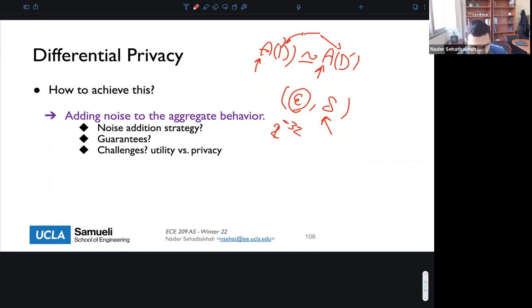But on the other hand, the difference between individual records cannot be known except with some probability, which is usually defined by this epsilon.